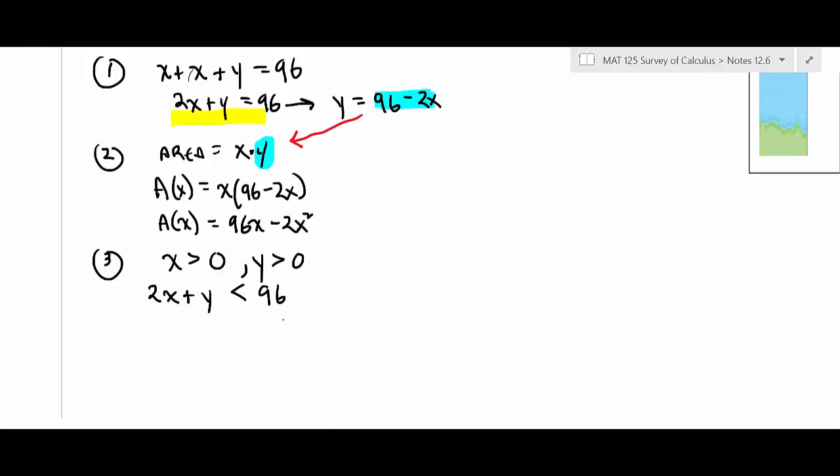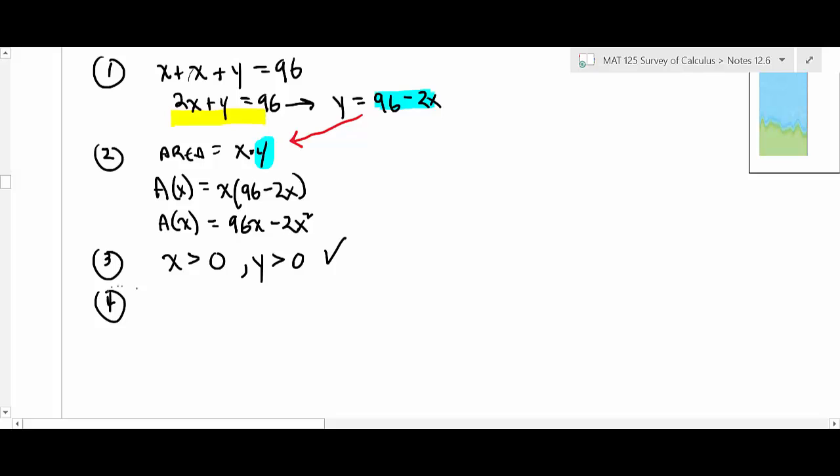Hold on, that's not right. I wrote the wrong thing on that. The idea is that all of the individual pieces have got to be less than 96. So I'm just going to write those two things like that.